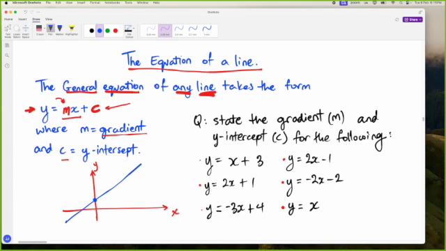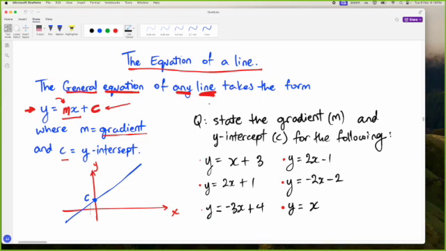That point where the line cuts the y-axis, that point is c. That is the number c. So once you know that m represents the gradient of the line, and c represents the y-intercept where the line is cutting the y-axis, then you could easily look at an equation, sketch the graph, and tell exactly how the graph is going to look. Right?